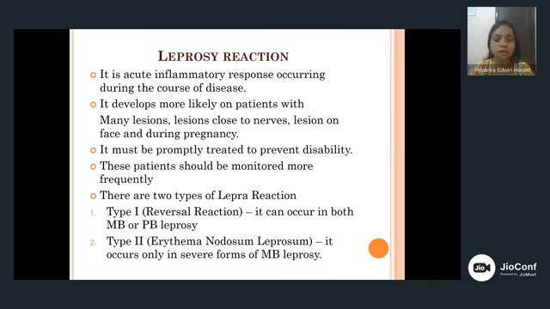Leprosy reaction is dangerous to the patient, so it should be promptly treated to prevent disability, and these patients should be monitored more frequently. For your information, there are mainly two types of leprosy reaction: type 1 and type 2. Type 1 is called reversal reaction, and type 2 is called erythema nodosum leprosum.